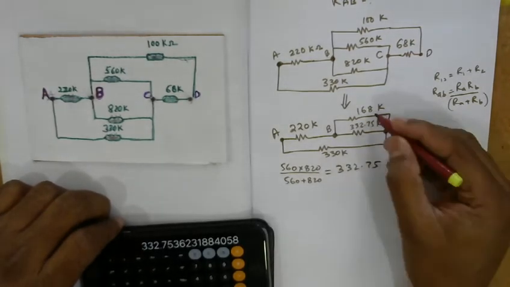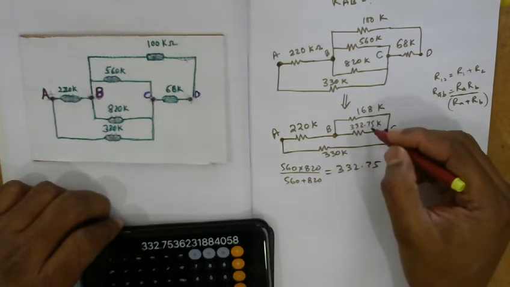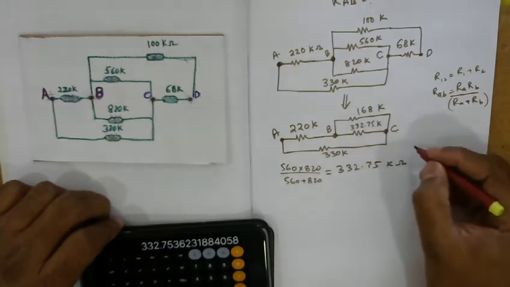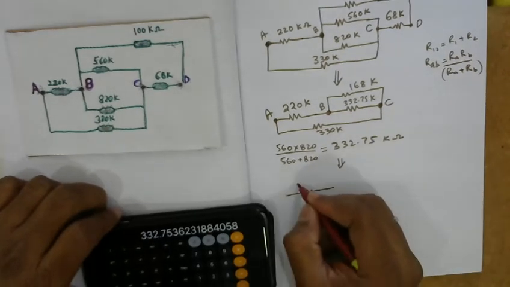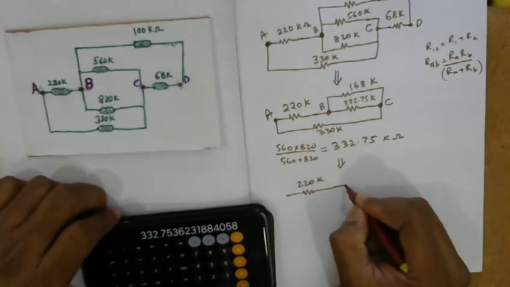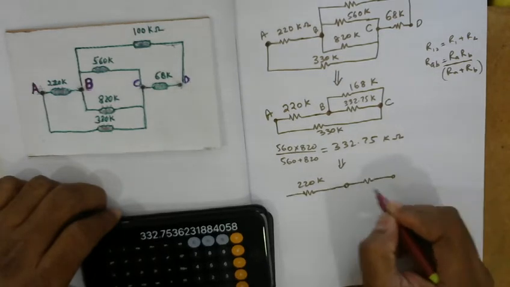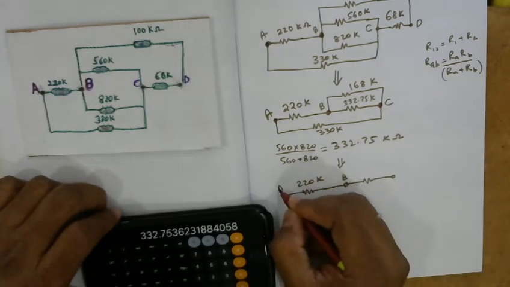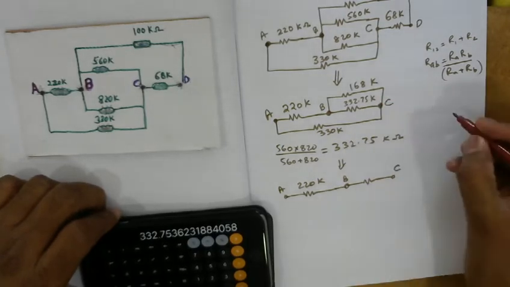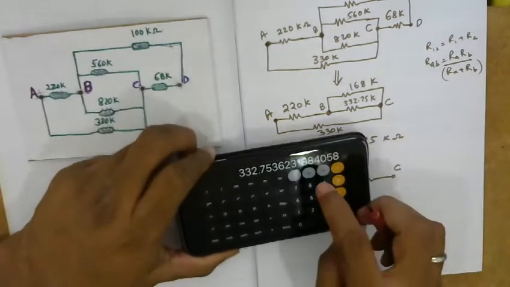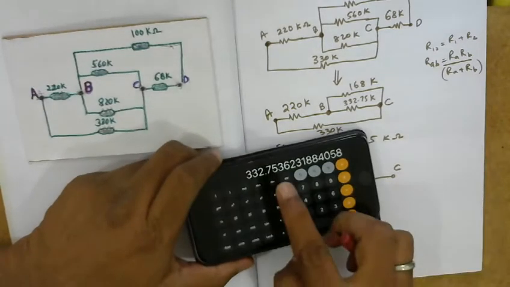Now I can further simplify. These two are in parallel, so I can find a parallel of that. So again, simplifying further, this 220K is the same. So here I'll get an equivalent resistance. This is B, this is A, and this is C. So what is this? This is 332.75 parallel with 168. So I'll right away do it. See, I already have one of the values.